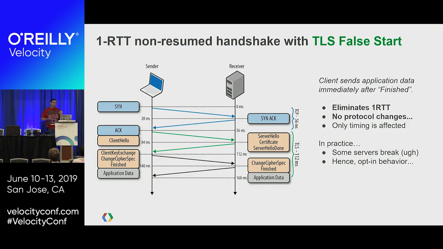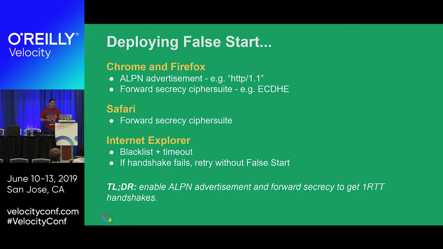Probably don't need to worry about the details of how TLS false start works, but knowing if you're doing HTTP2, you've already got ALPN because it's advertising HTTP2. That's the only way to do HTTP2. And I'm pretty sure you can't do TLS without a forward security cipher suite anymore.